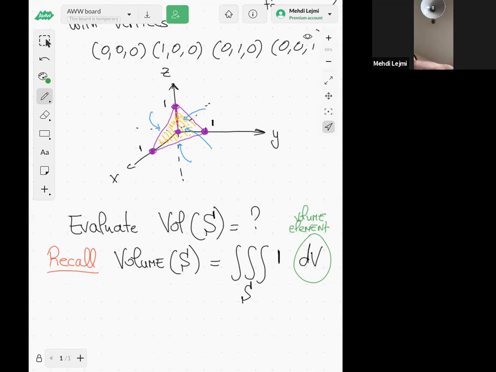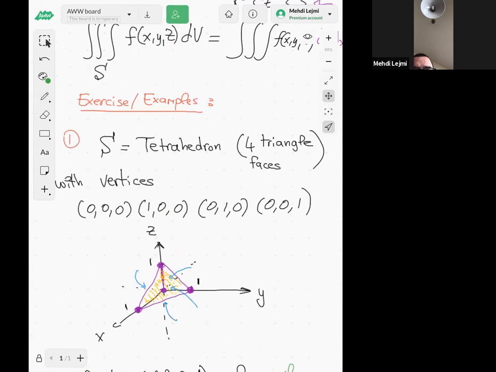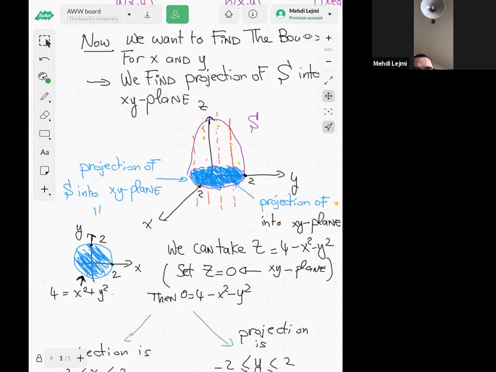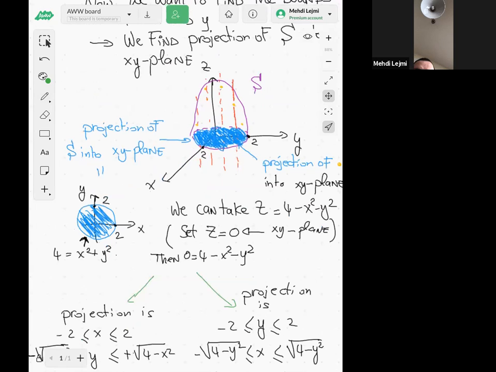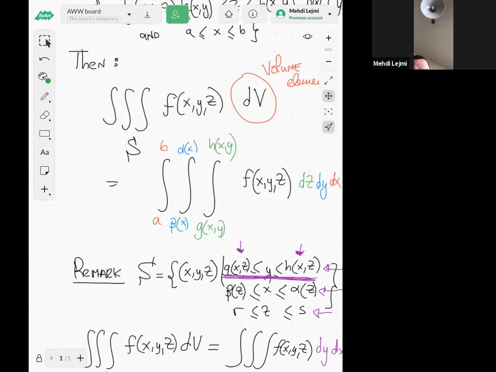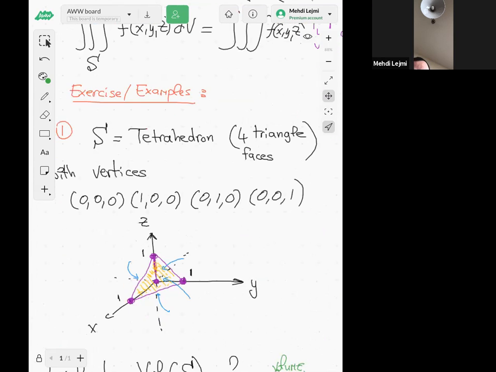Like in my example with the paraboloid, we had just 2 surfaces. We have this paraboloid, z equal to 4 minus x squared minus y squared, and the bottom is just the xy plane, so z equals 0. But there the equations were given in the problem, whereas here you have to find the equations of the faces by yourself.